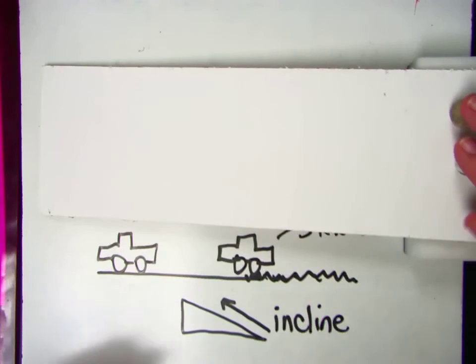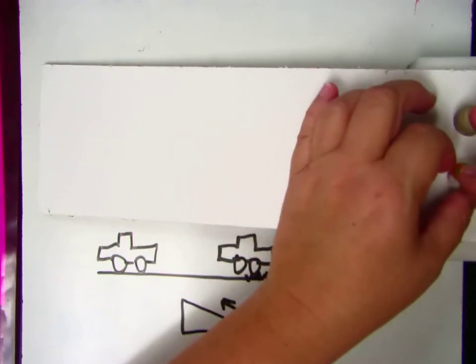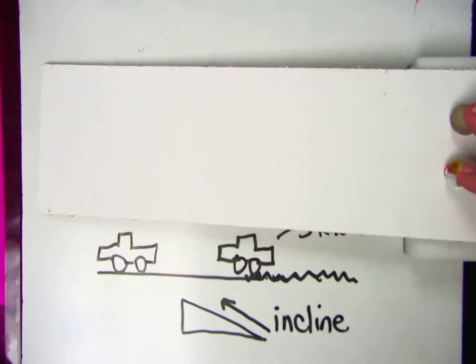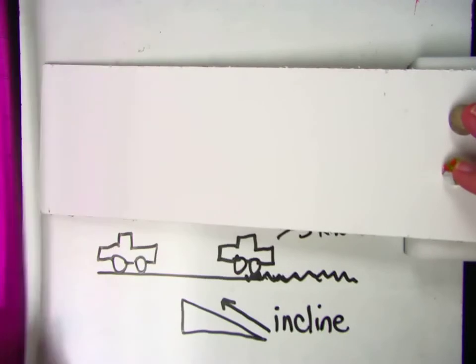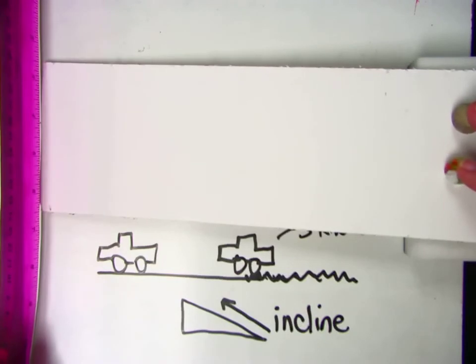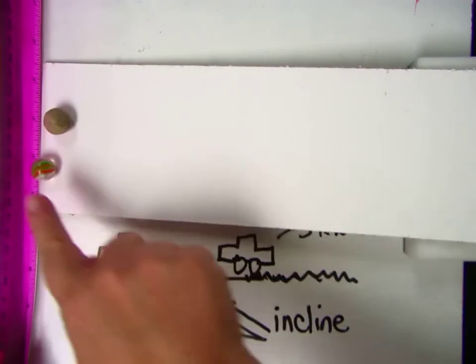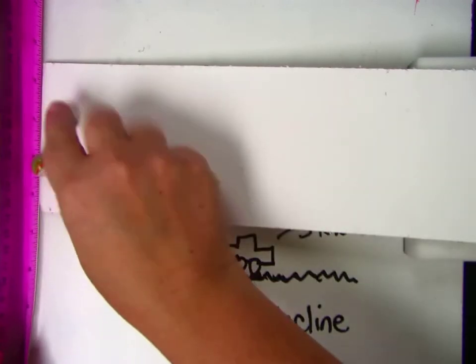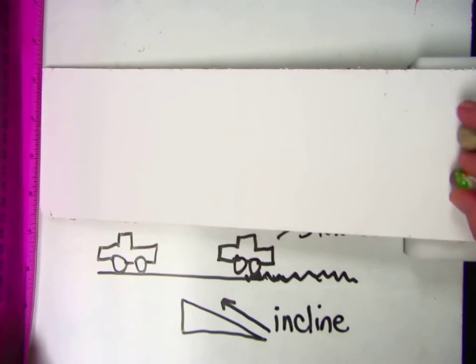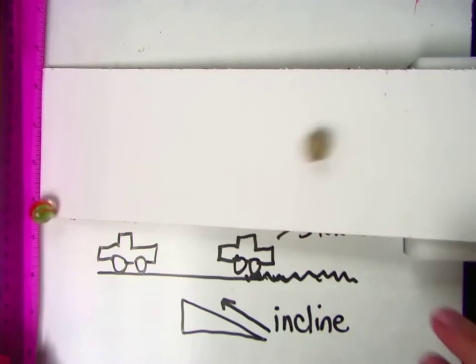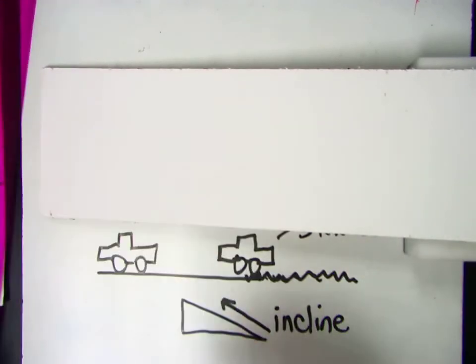So here they are at the exact same distance from the bottom of the incline. Let's give it a try and see if I can show you. So the marble hits the bottom of the incline much faster because it has less friction.